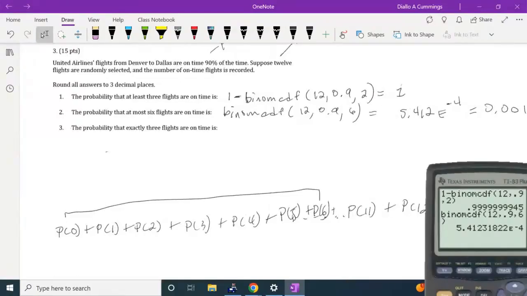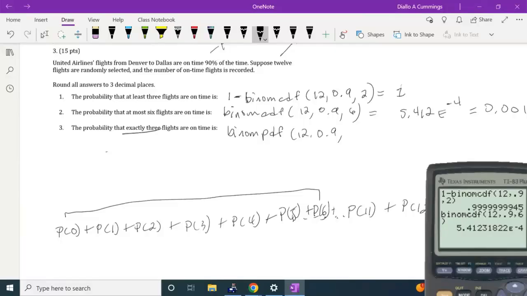And then the third one says the probability that exactly 3 flights are on time. Since we're finding an exact probability, we're going to use the binomial PDF. And we're going to put in n, which is 12 again.